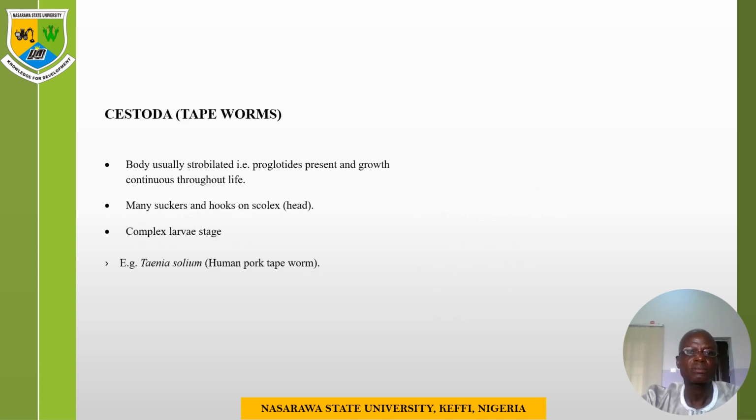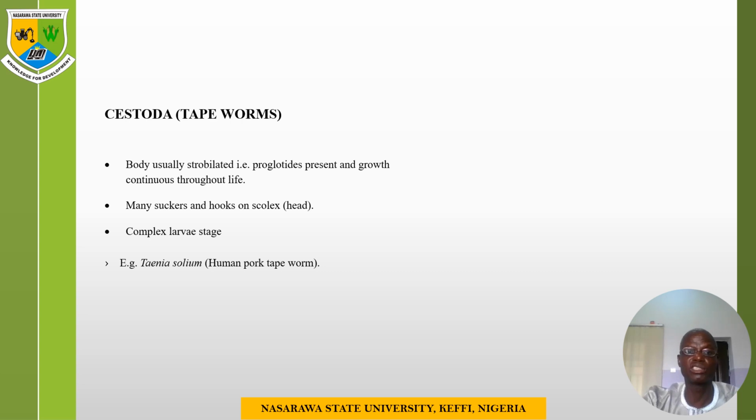The characteristics of tapeworms continue. The body usually is strobilated, that is, proglottids are present and growth continues throughout life. They have many suckers and hooks on the scolex, that is the head. They have a complex larval stage.